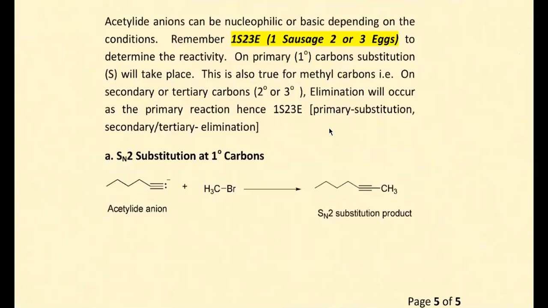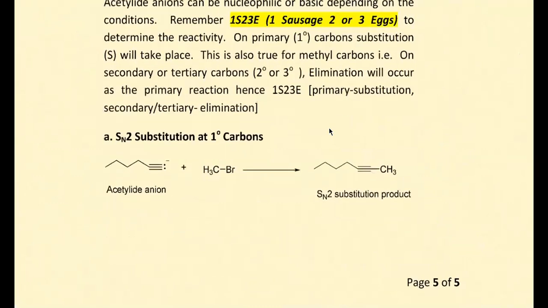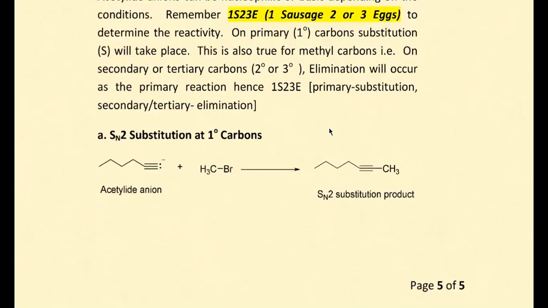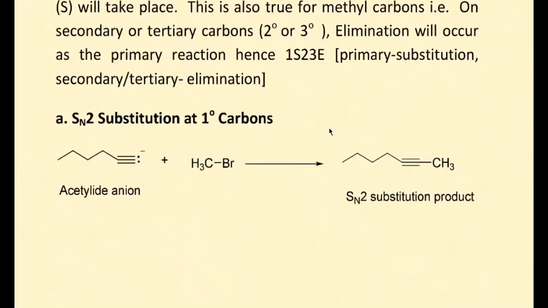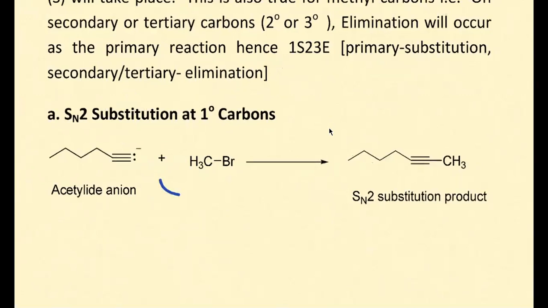All right. So here's the acetylide anion. I have a methyl bromide, which is a methyl substrate, right? I can also use a primary substrate. They're going to react the same way. But here, what happens in this case is I get substitution, because the carbon is a methyl carbon, but it could also happen on a primary carbon.